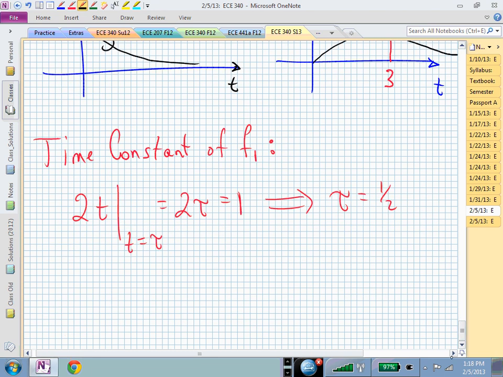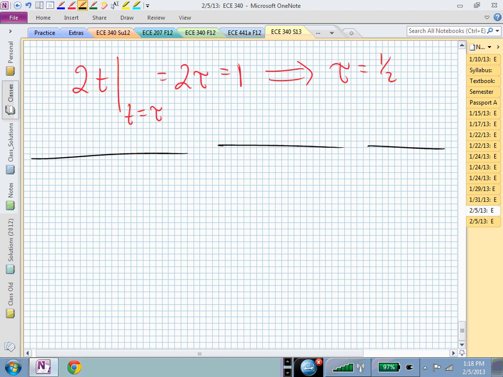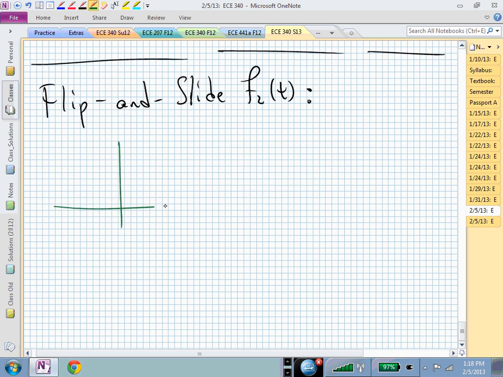So let's go ahead and now see if we can analytically compute this output response. And to do this flipping and sliding, let me just do it in 3 stages.